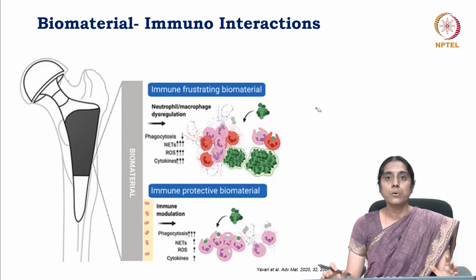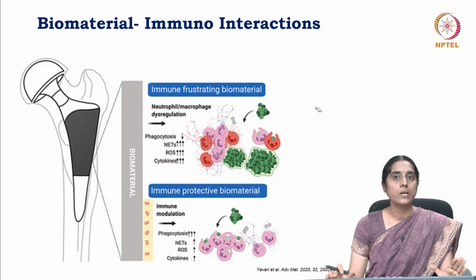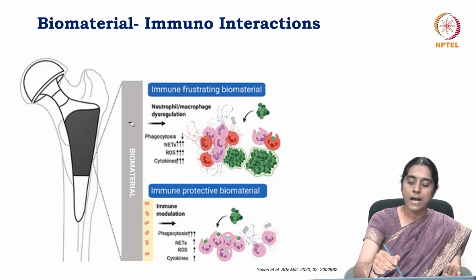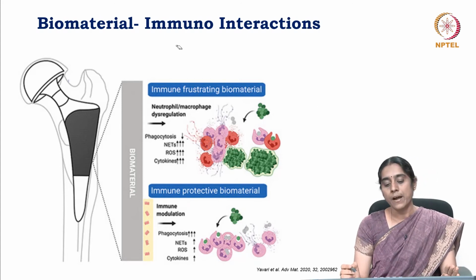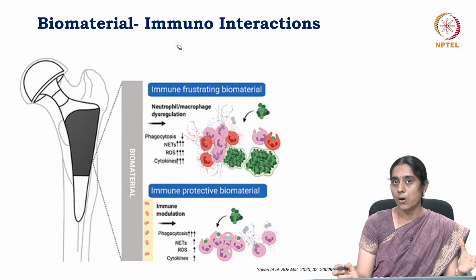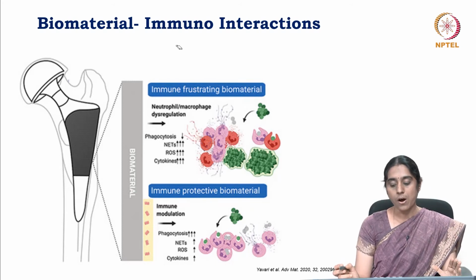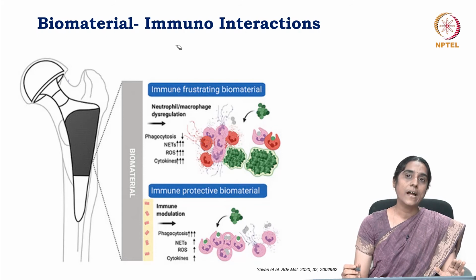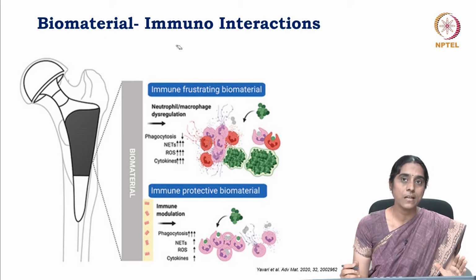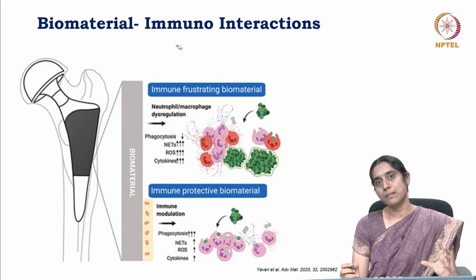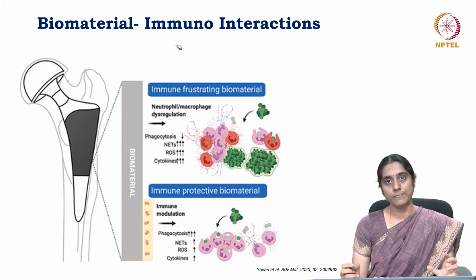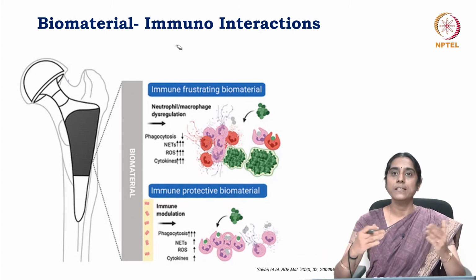Okay. So, altogether what we saw is that a biomaterial has the ability to cause frustration of the immune cells, or it can interact with the immune system in such a way that it is protective to the biomaterial from the surrounding tissues.